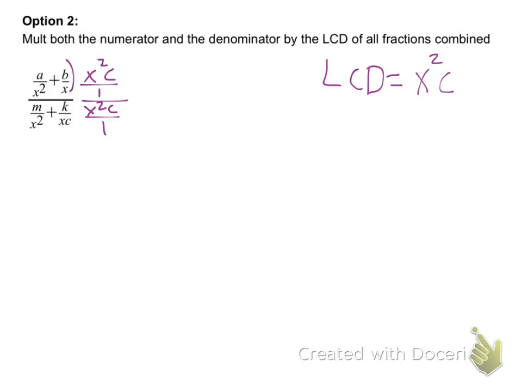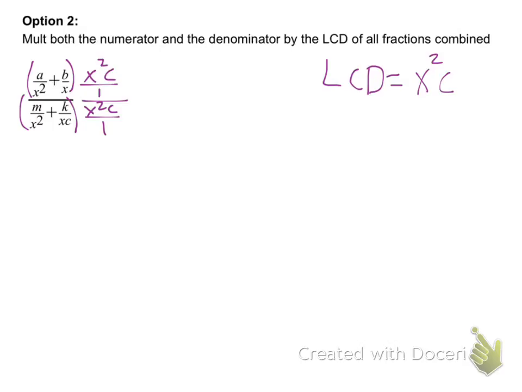And then I'll put parentheses around the smaller combined fractions of the top and bottom. The reason I put it as x squared c over 1 is because x squared c over 1 is just x squared c. I'm doing it to the top and the bottom, yes? So technically I'm dividing the exact same thing by itself, which makes 1.